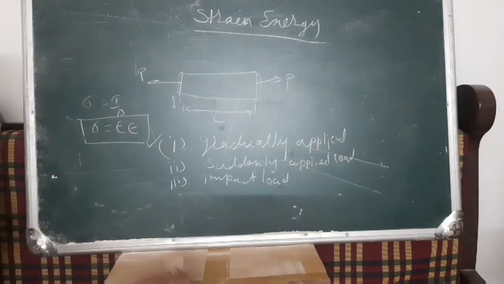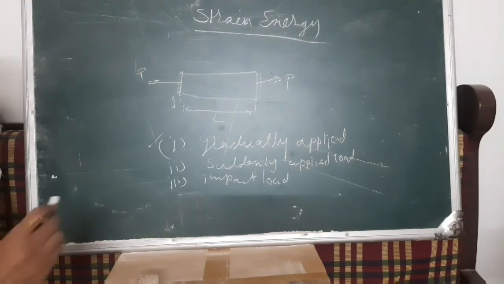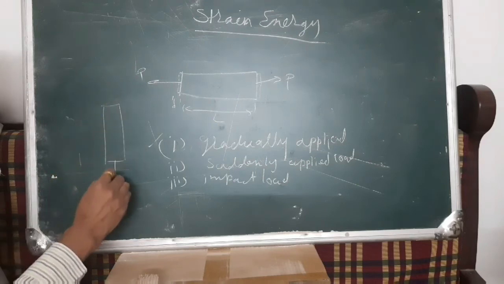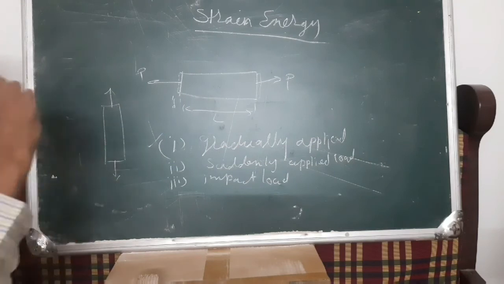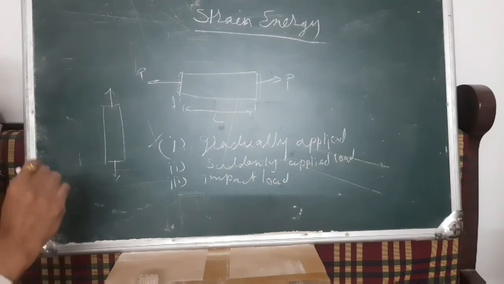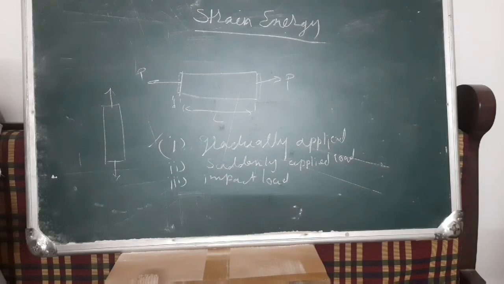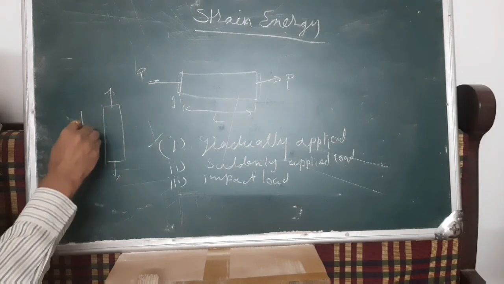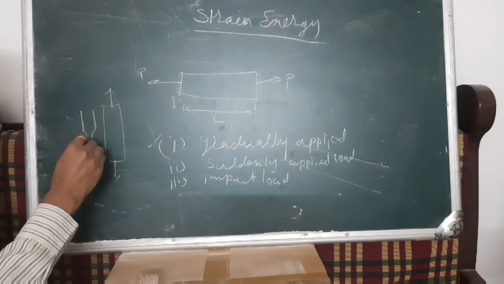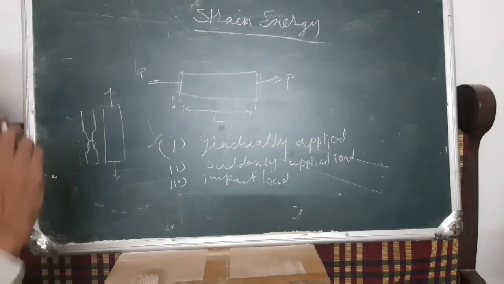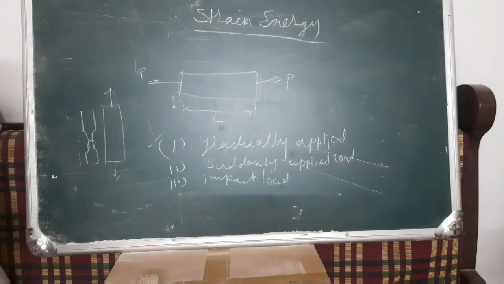Now we have to see the effect of the gradually applied load, because when a body is stretched in a UTM, the load is applied gradually, or increases in steps, and the failure of the component forms a neck. Then we calculate the percentage elongation or percentage deformation in the element.